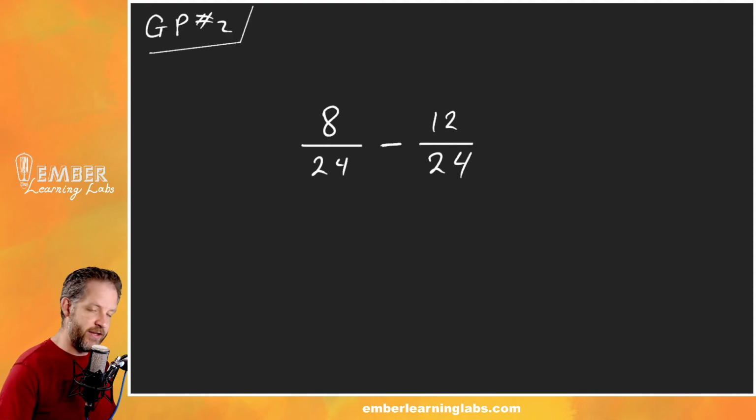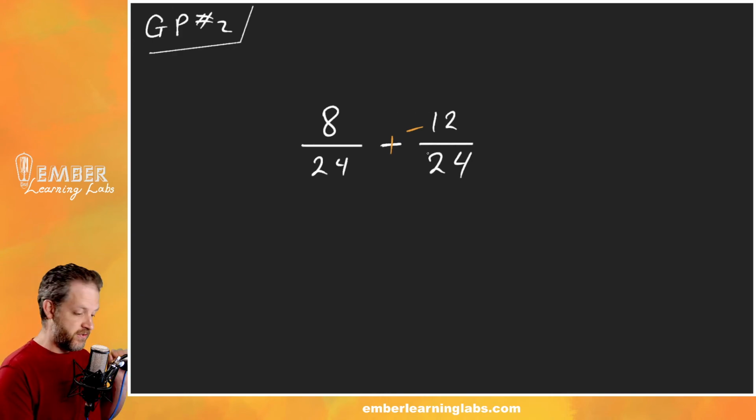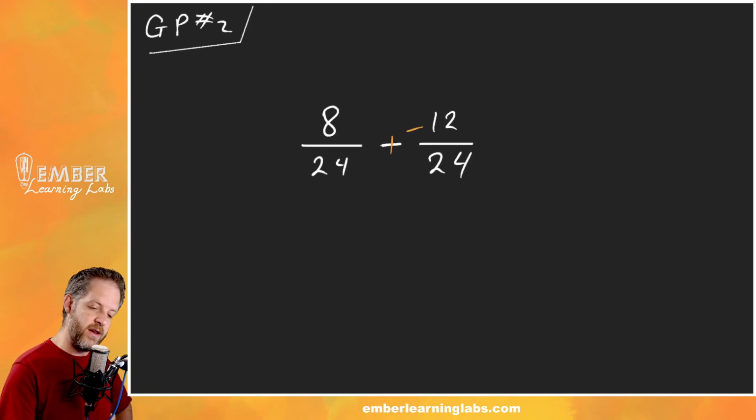All right, now that you're back, we've got a negative in the middle. We're going to ka-chink, right? So we've got positive 8 plus negative 12. So we've got a positive and a negative. The signs are different. So we're going to subtract and keep the sign of the bigger one. Now I did this on purpose. The bigger one is actually negative this time, which means our answer is going to be negative.